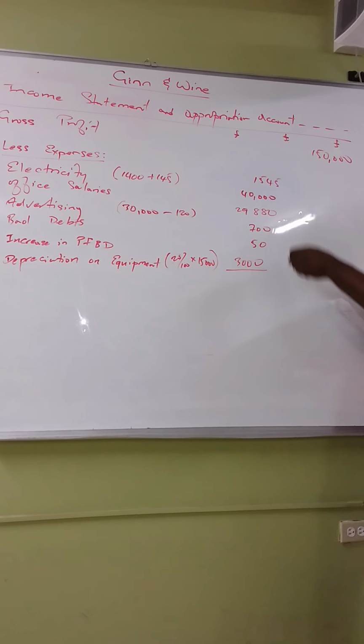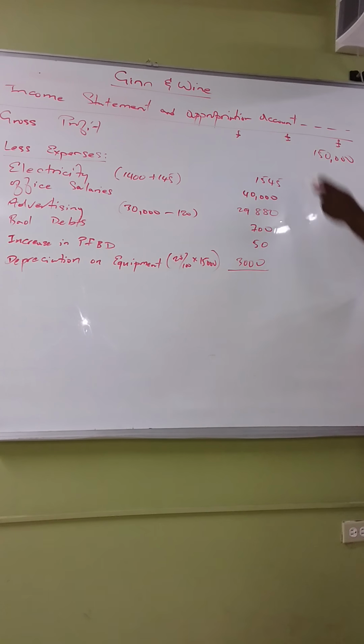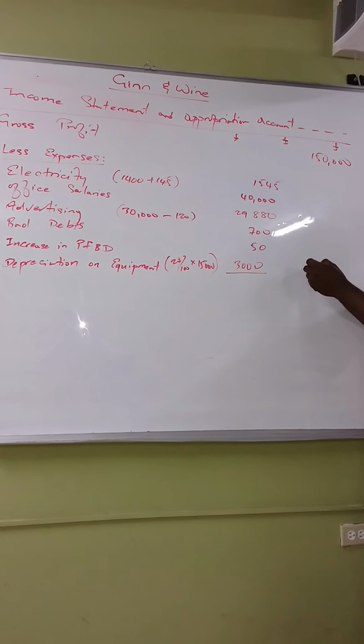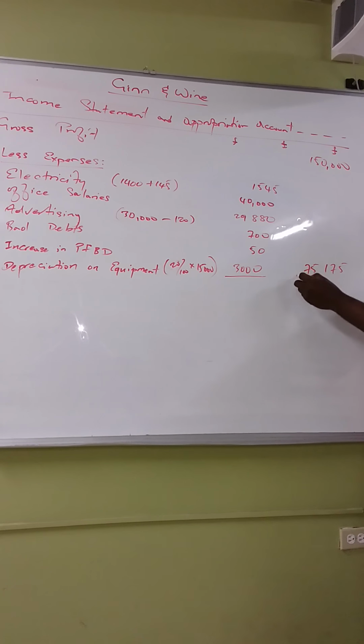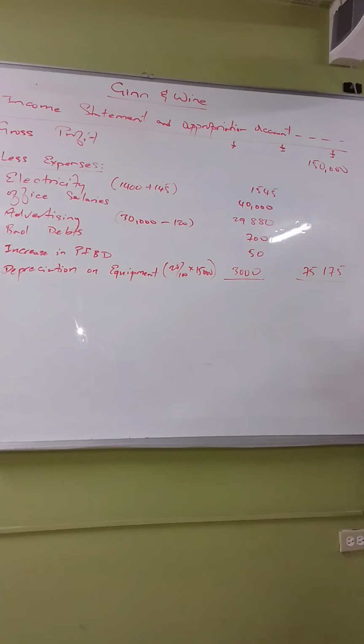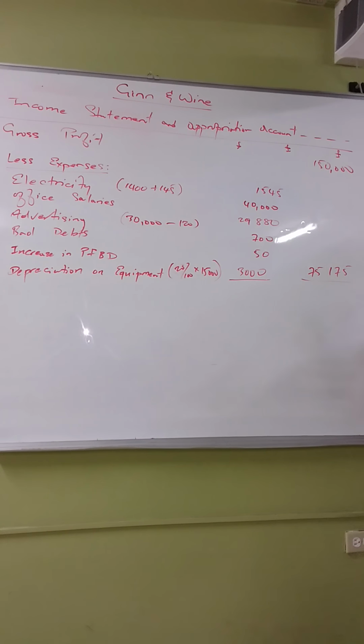So we can total the expense section. Now the total of the expense there amounts to what? 75,175. The total of that expense there amounts to 75,175.